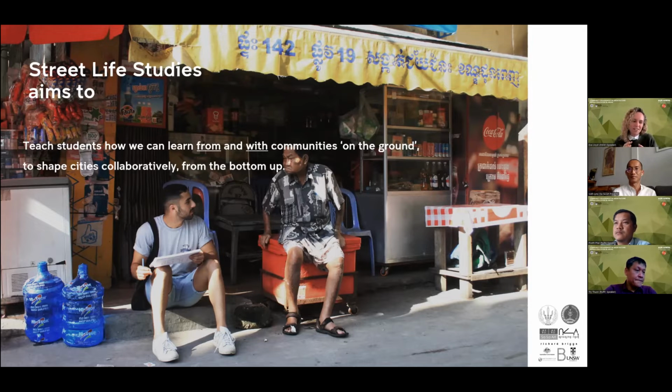What we've developed over the years is a way to think about streets as a platform to consider how we can shape cities more collaboratively, and often that means more informally and from the bottom up.